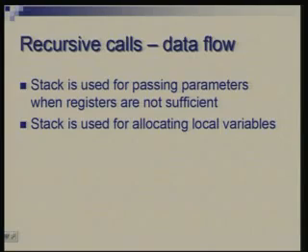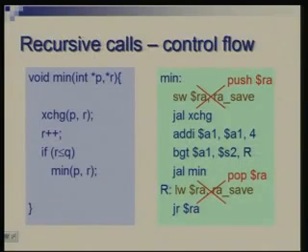What about data? When you are passing parameters in a recursive call, in the previous example the situation was simple: after the call, when I return back, I don't need those values.